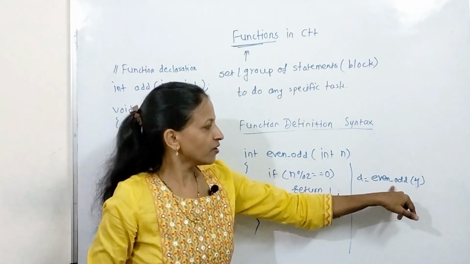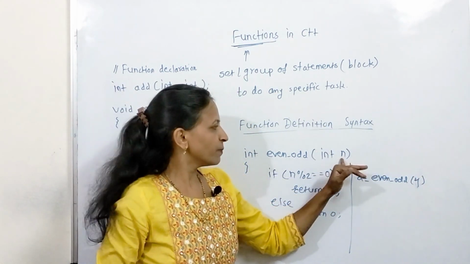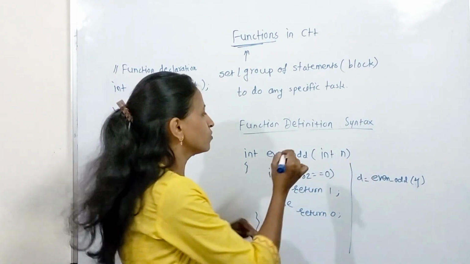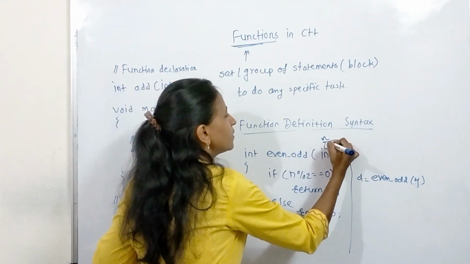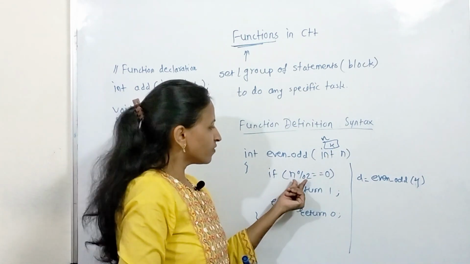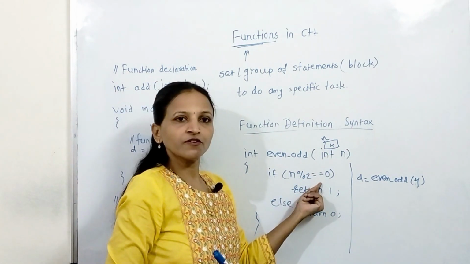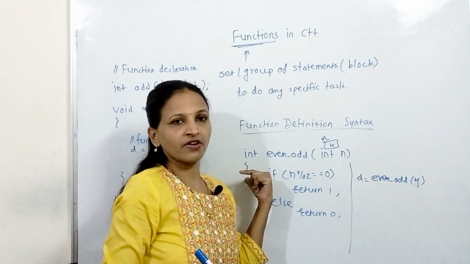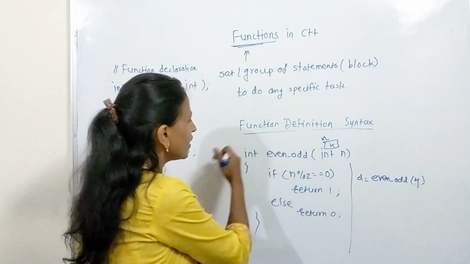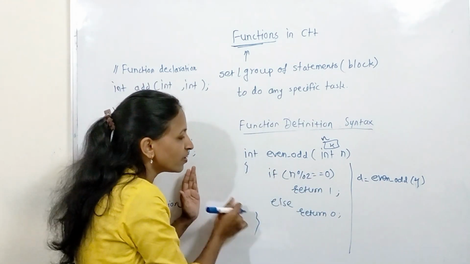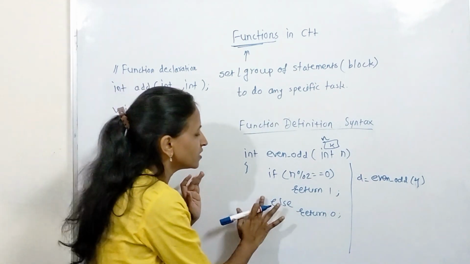Now I have called evenodd 4. The value 4 will be copied into n. Now n is 4, control will come here, and 4 modulus 2 equal to 0. Yes, it is true, so it will return the value 1. Now control never will come to the else again. That's why this else is optional.